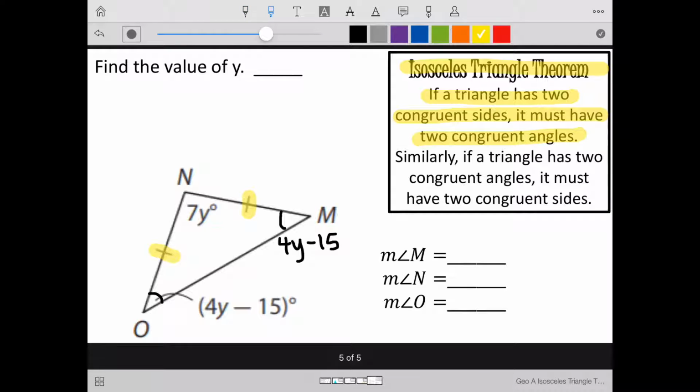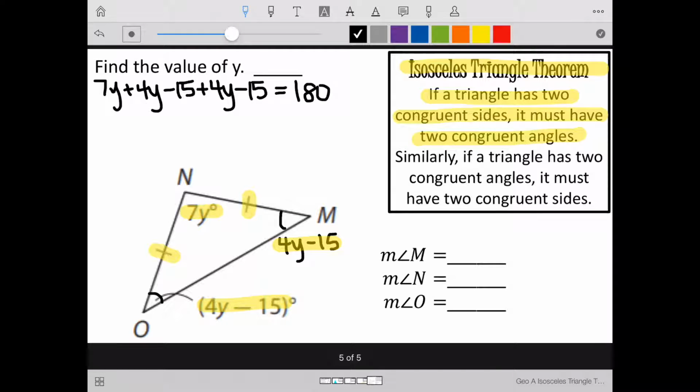Just like in the last problem, now that we have three angle measures, we can use the triangle sum theorem. All three angles added together need to equal 180 degrees. So we make an equation where we add them all together and put equals 180 at the end.